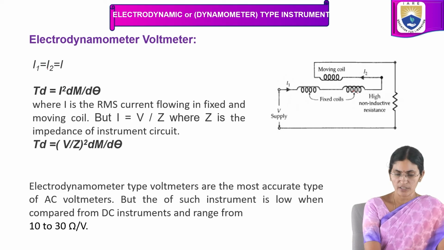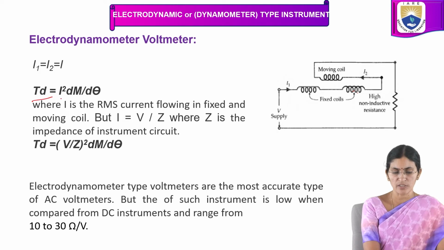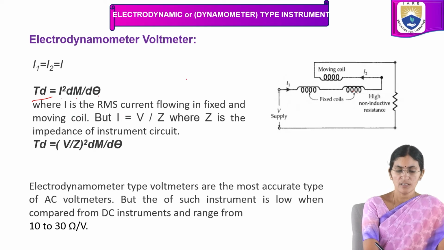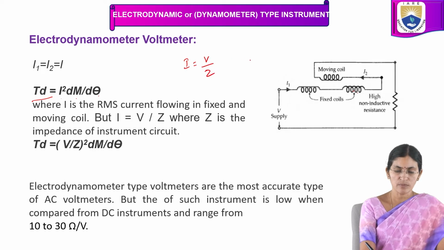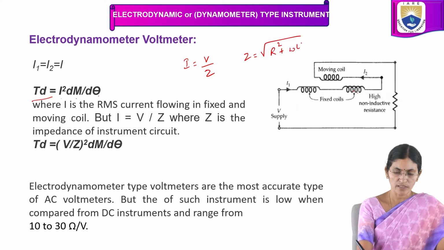So here I1 equals I2 equals I. So the deflecting torque equation is TD equal to I square into dM by d theta. Here also I is the RMS value of the current flowing in the fixed and moving coil. We can write I as V by Z, where Z is equal to square root of R square plus (omega L) square.